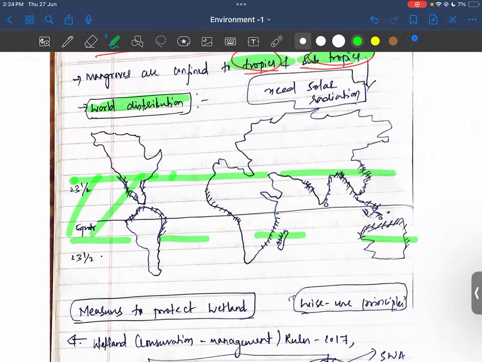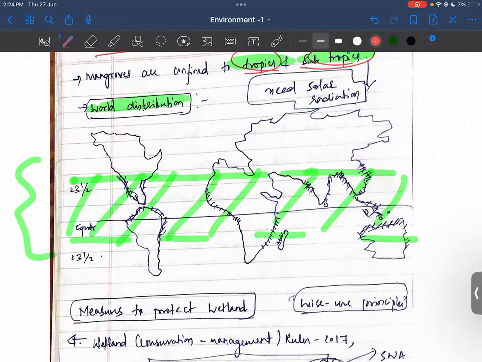In this zone the mangroves are distributed because a lot of solar radiation is captured here, and mangroves require a lot of solar radiation, because there is continuous transpiration and evaporation where the leaf excretes the excessive salt present in the water. That is the reason mangroves are confined to only this region, such as parts of India, Africa, and South America.